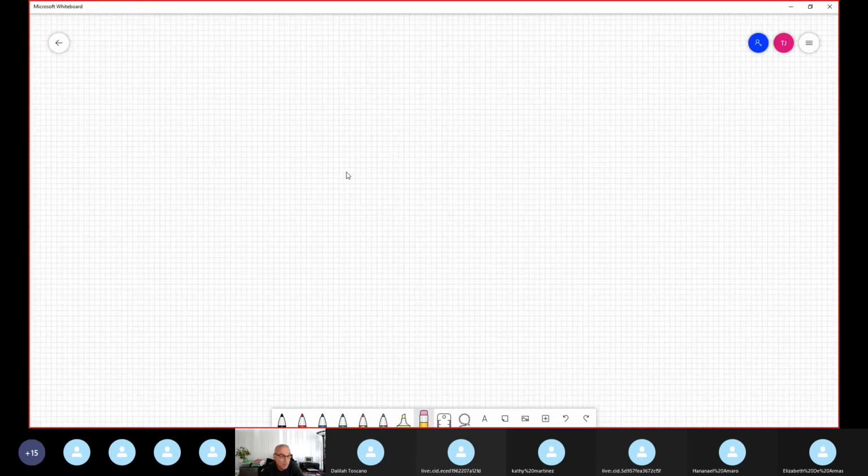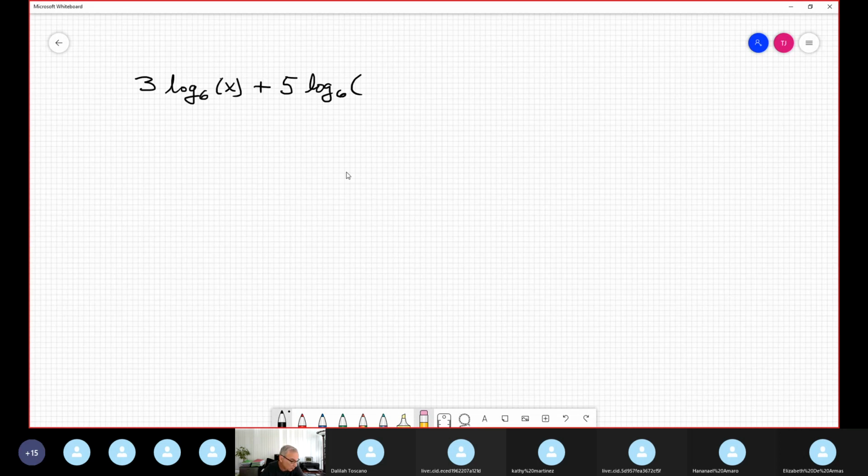Suppose that we have, for example, this example. This example is good. Suppose that we have two logarithms: 3 times logarithm base 6 of x plus 5 times logarithm base 6 of x minus 6.